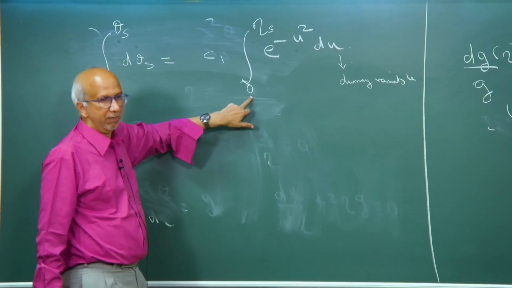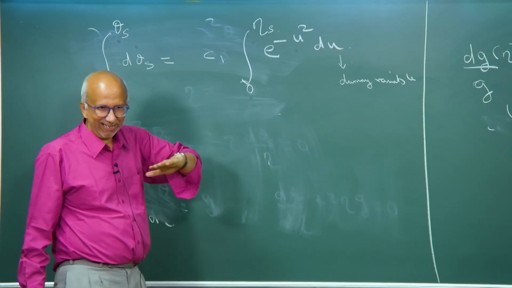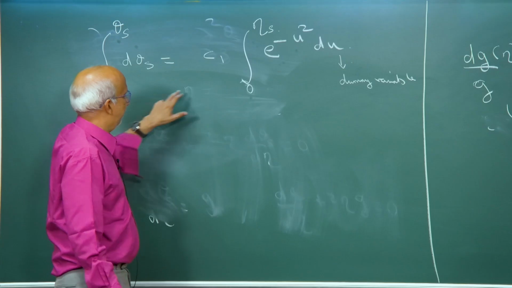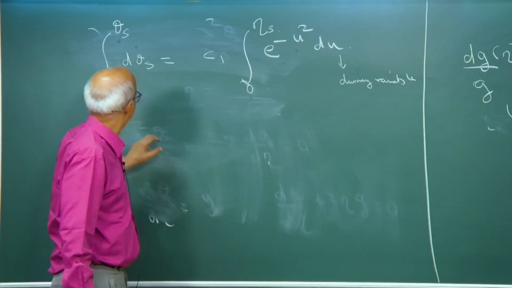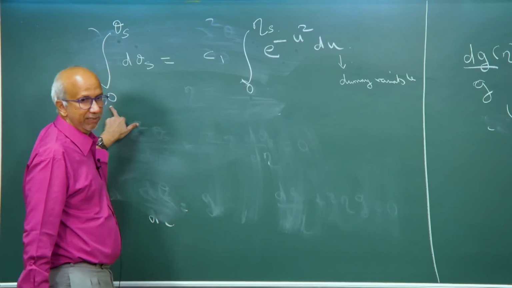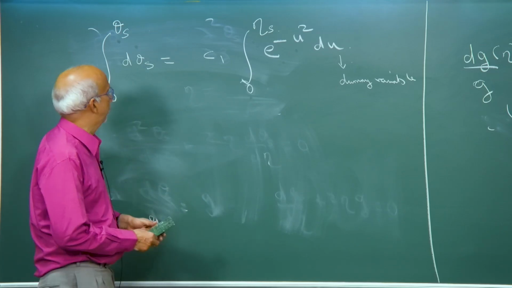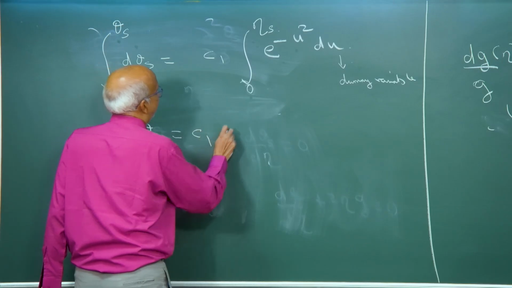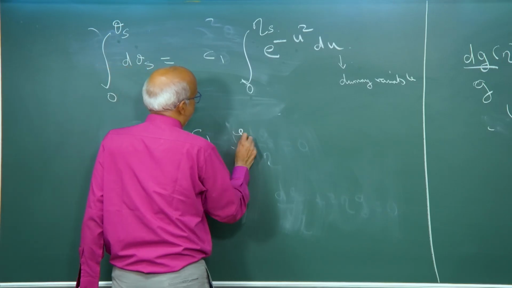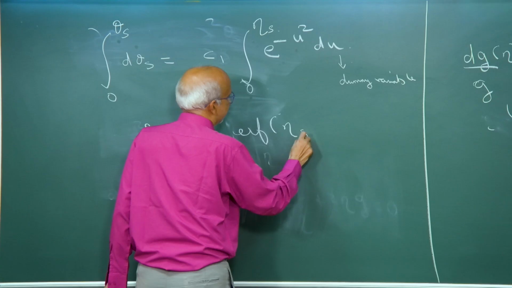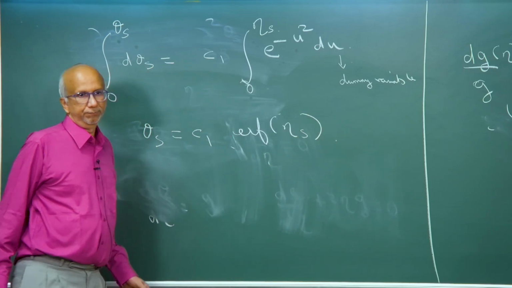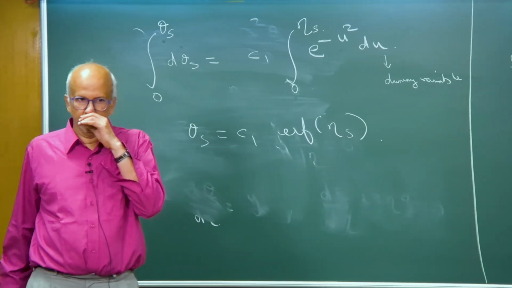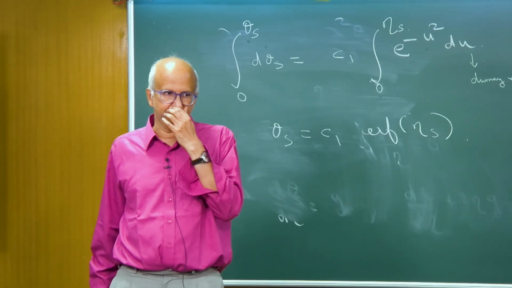At the boundary where z is 0, eta s is 0, so the temperature is 0. This is one way to do it, and what this means is theta s is nothing but C1 times the error function of eta s, because that is the definition of the error function.